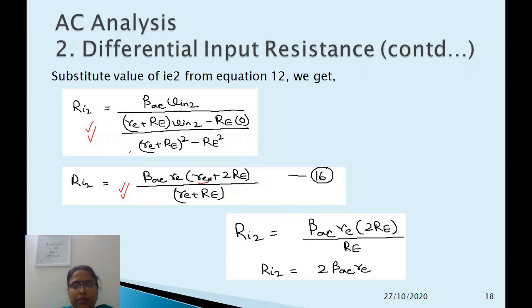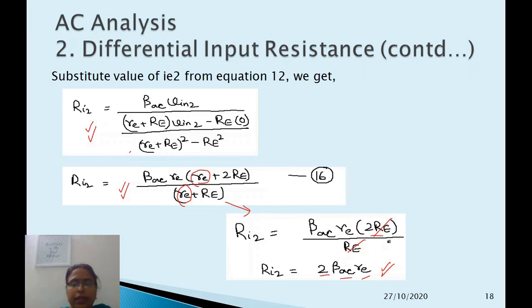Similarly, we are ignoring small re, and our equation becomes beta times re into 2RE upon RE, and this gets cancelled out. So this is equal to 2 times beta AC into re. So from both sides we can see that our input resistances are the same. Okay.